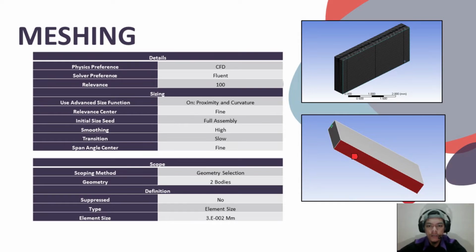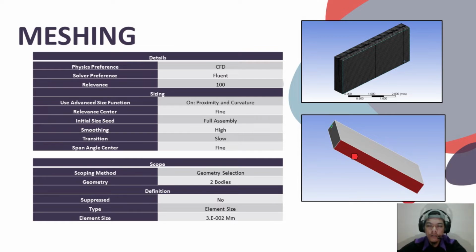Okay, for the meshing, we use relevance center 100 and use advanced size function proximity and curvature. Relevance center is used to find initial size seed, full assembly, smoothing high, transition slow, span angle center fine.